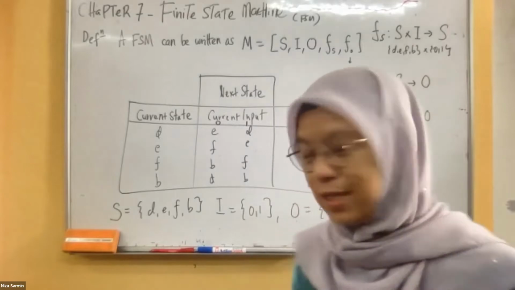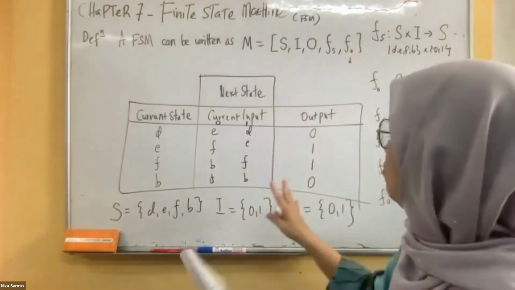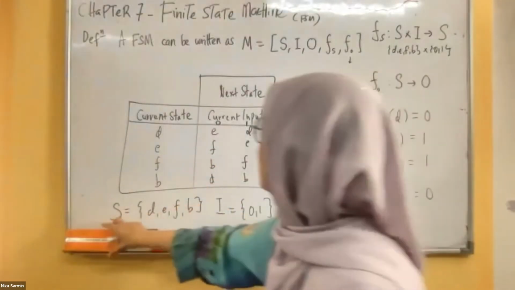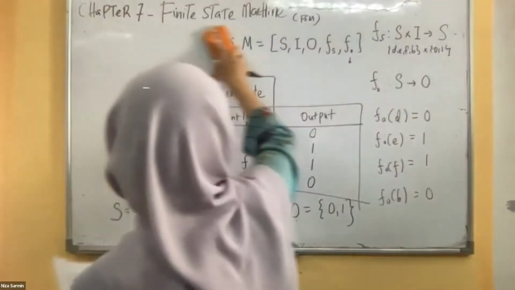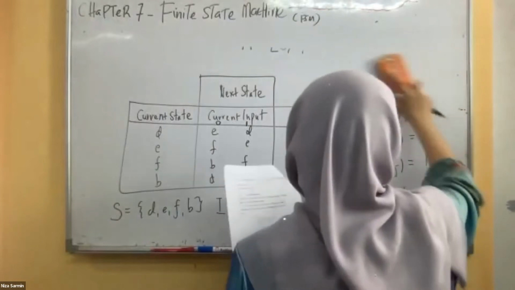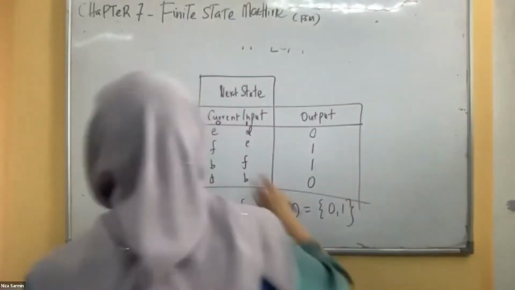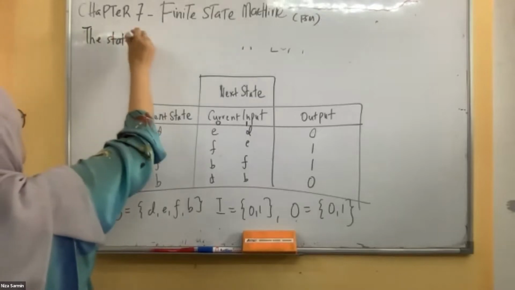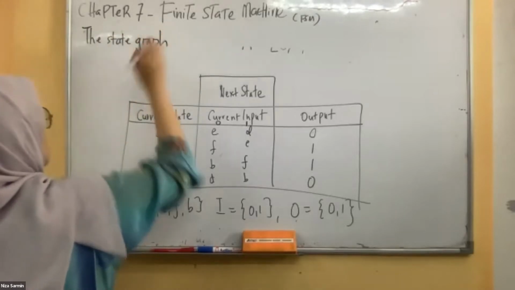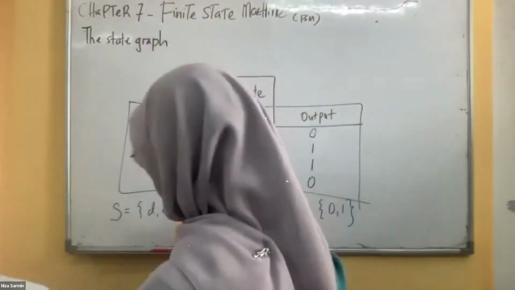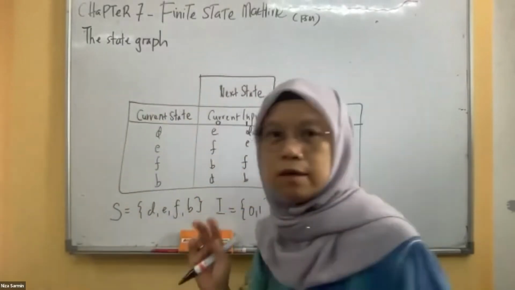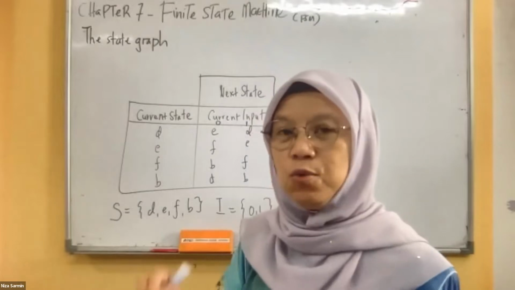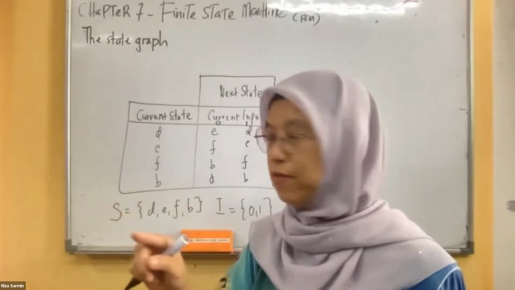So I go to the state graph, but I want to leave this. So I can draw this after, yeah? Okay, so the state graph. The finite state machine M can be defined with the direct graph.